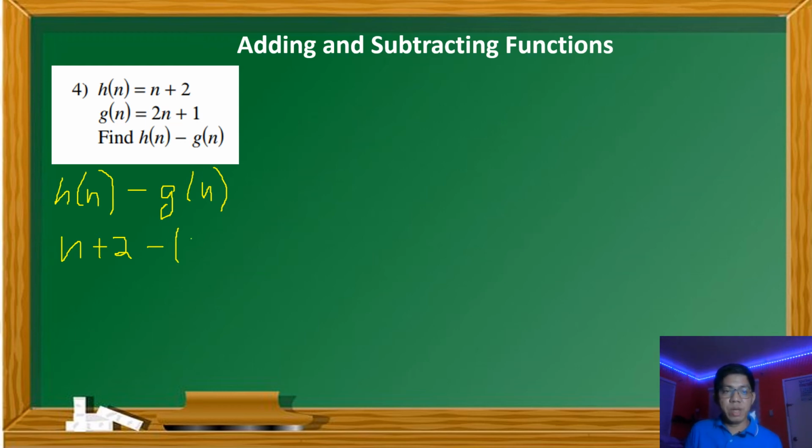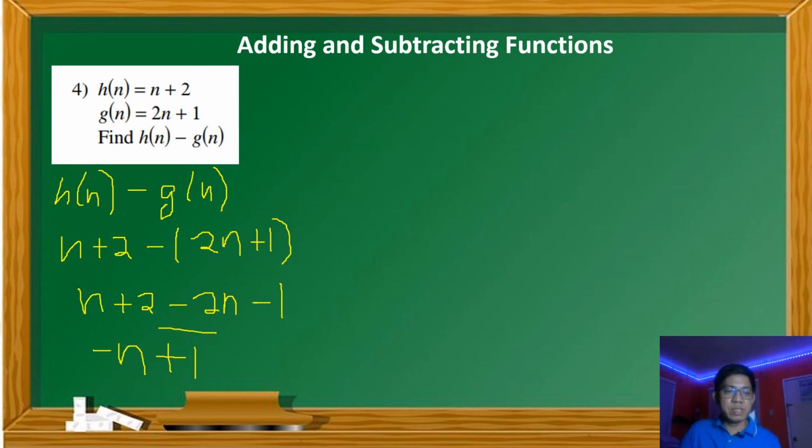G of n, we have 2n plus 1. Then distribute natin yung negative: minus 2n, then minus 1. Then combining like terms, n minus 2n is negative n. Then positive 2 minus 1 is positive 1. So therefore, the answer is negative n plus 1.